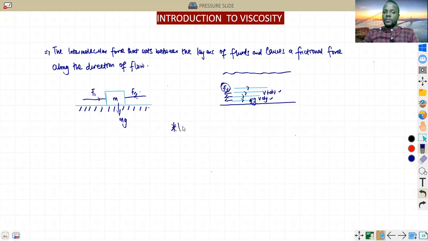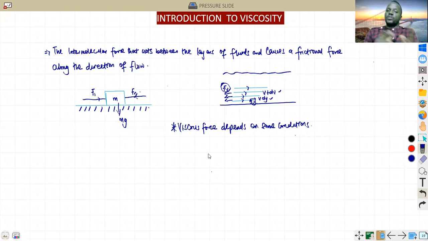A viscous force depends on some conditions. Later in the slide, we are going to talk about the conditions on which this viscosity actually depends.